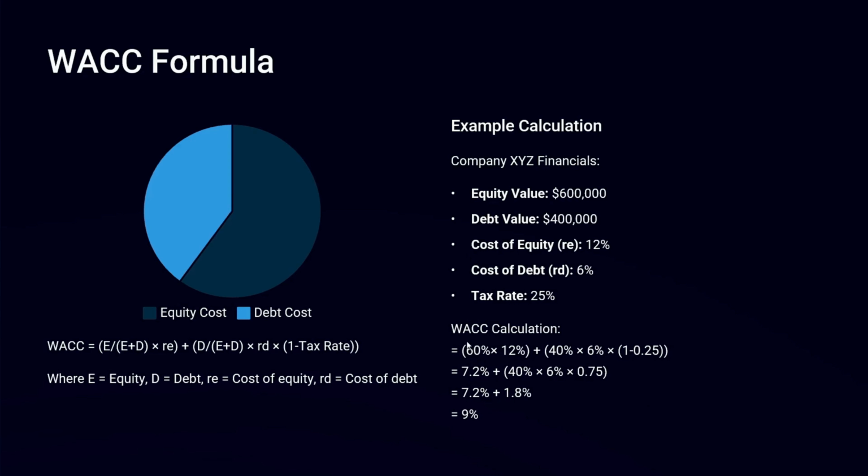So here is the calculation. We get 60%, which is the total equity, 600,000, divided by the total equity plus total debt, which is 1 million.